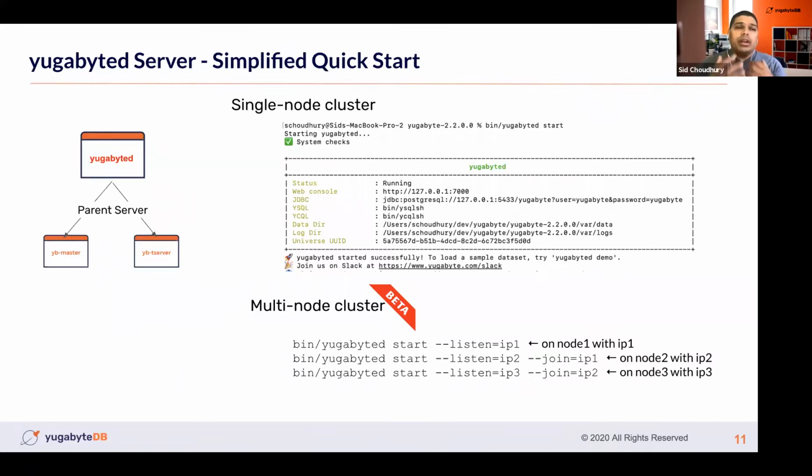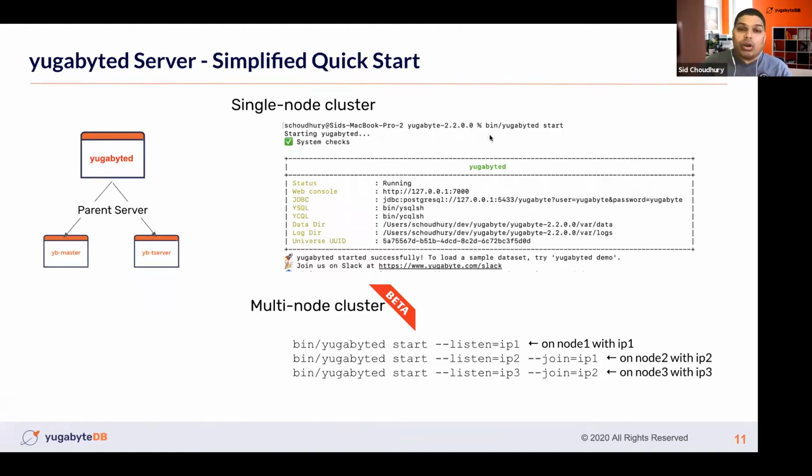So what we have been working towards is a new server. It's called YugabyteD, Yugabyte Daemon, similar to mysqld, right? Which becomes a parent server for these two actual Yugabyte servers. And what do I mean by parent server?